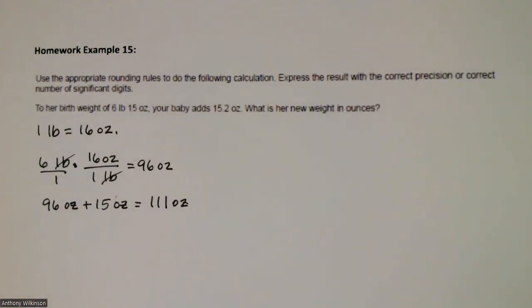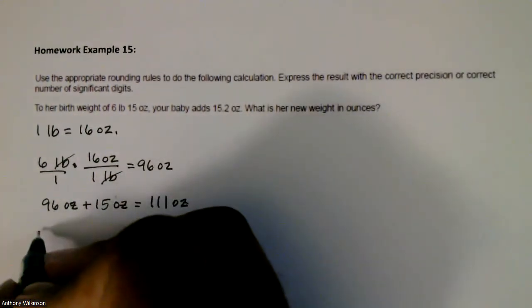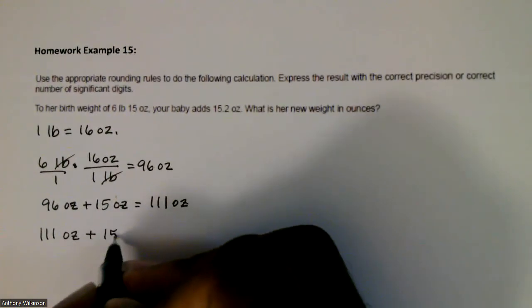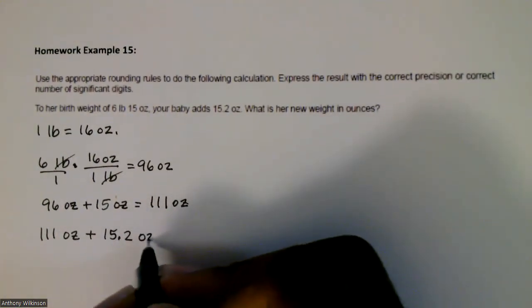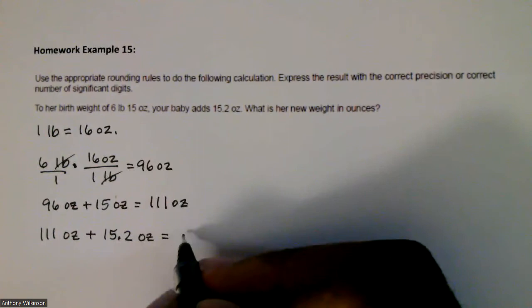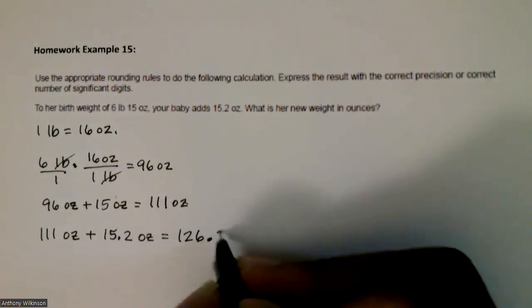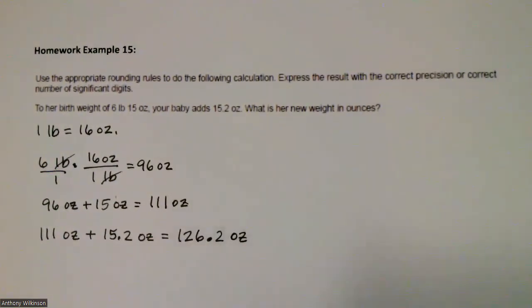Now we're going to add that to the 15.2 ounces. So 111 ounces plus 15.2 ounces gives us 126.2 ounces.